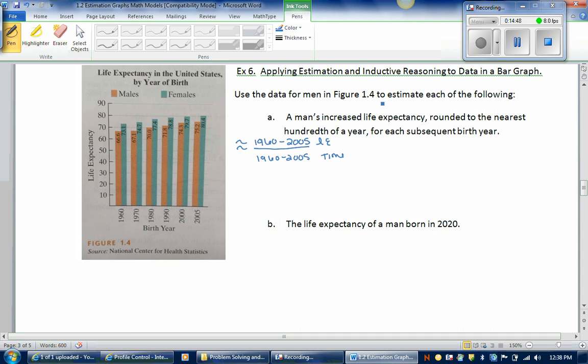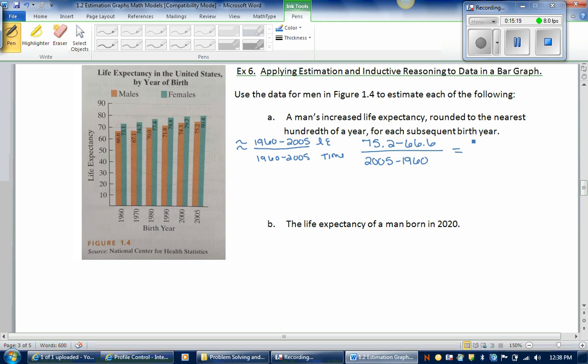Okay, so life expectancy from 1960 for men to 2005. In 2005, we had a life expectancy of 75.2. In 1960, we had a life expectancy of 66.6. That was over a span of time from 2005 to 1960.